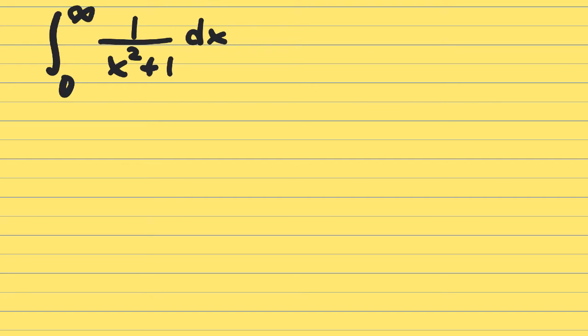Let's look at the integral from 0 to infinity of 1 over x squared plus 1 dx. This is one of our special types of antiderivatives, tangent inverse, or if you prefer to use arctangent, that's totally fine. Again, I'm going to replace the infinity with a b, but I've got to show that the limit of b is going to infinity.